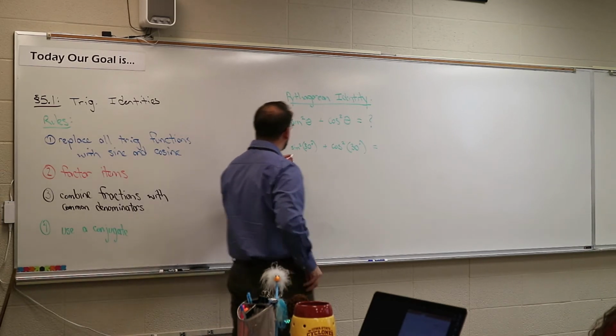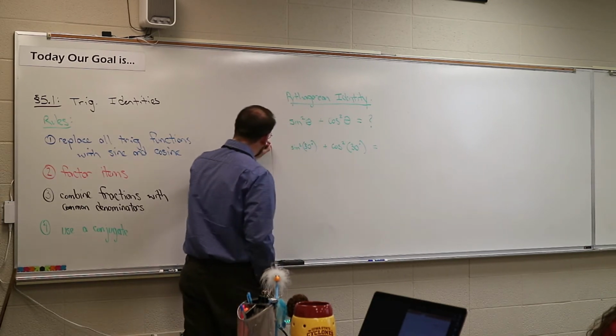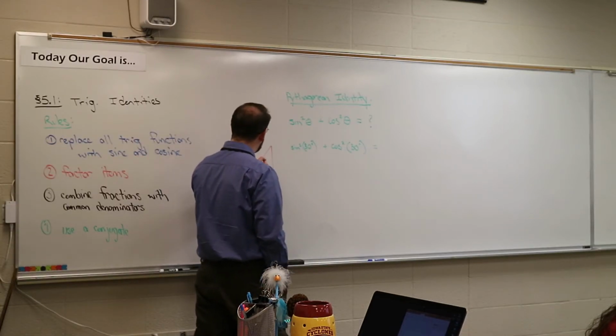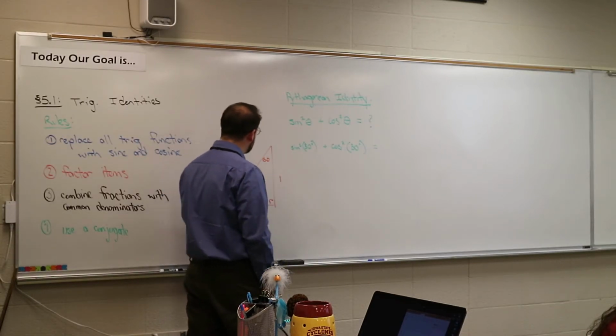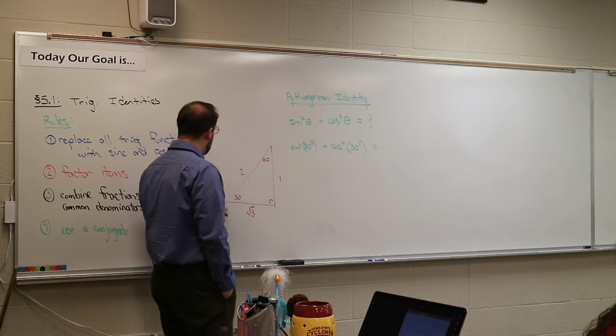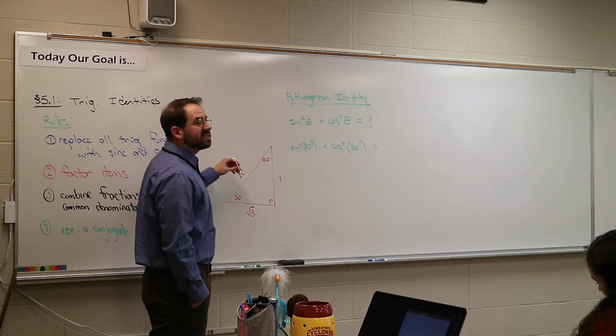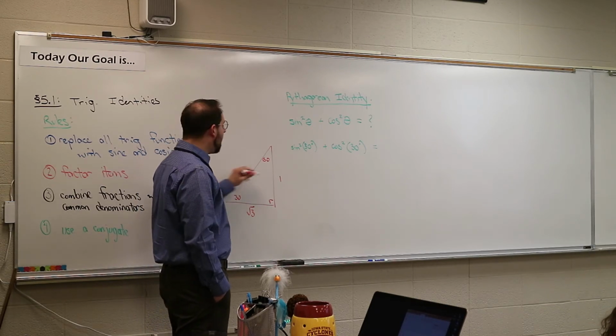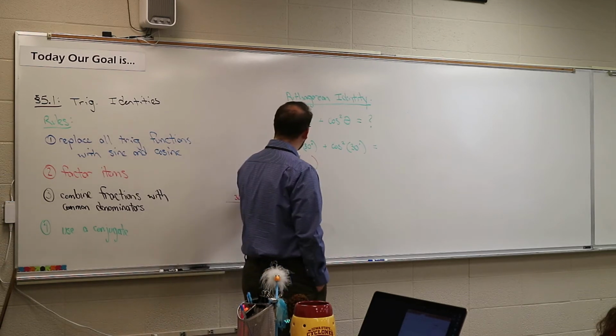So how this works, if we do my special triangle, the 30, 60, 90 triangle, the side opposite of 30 is 1, the side opposite of 60 is root 3, and the side opposite of 90 is 2. The sine of 30 is 1/2, right? It's opposite over hypotenuse, and we're going to square it.